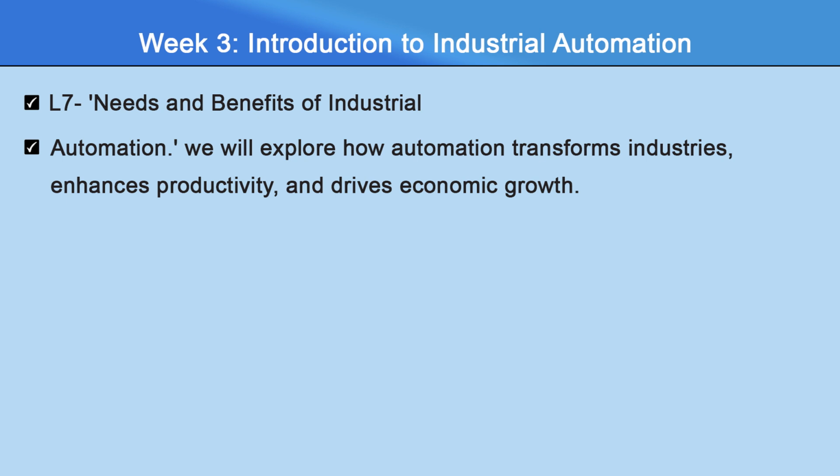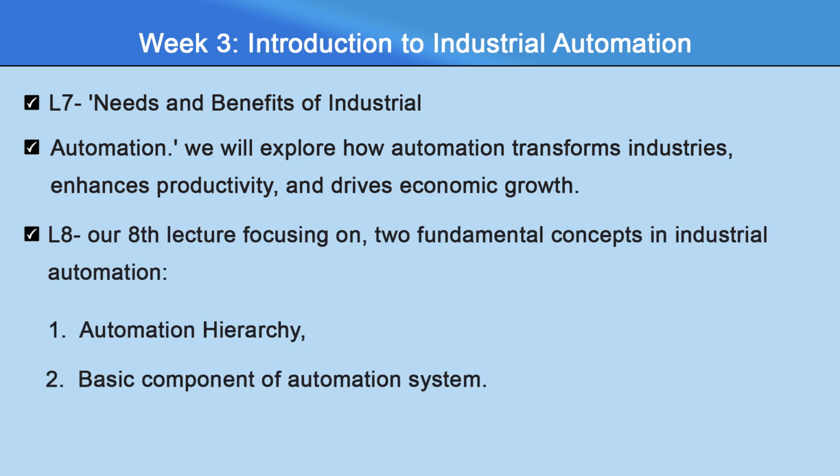In lecture 7, we covered the need and benefits of industrial automation, and we will explore how automation transforms industries, enhances productivity and drives economic growth. In lecture 8, focusing on two fundamental concepts in industrial automation: first one is automation hierarchy and the second one is basic components of automation system.